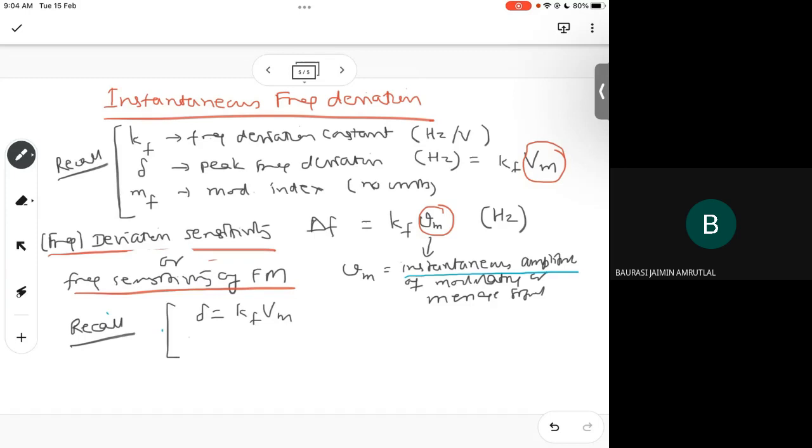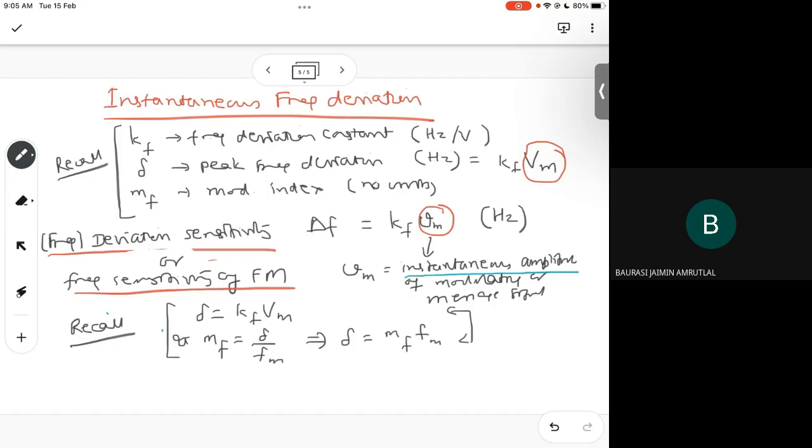Also we have learned that mf is equal to delta over fm, which means delta is equal to mf into fm. Now we have two expressions for this one. So delta could be expressed in terms of Kf Vm, and also delta could be expressed in terms of mf, fm. That is how these two things are related to one another.